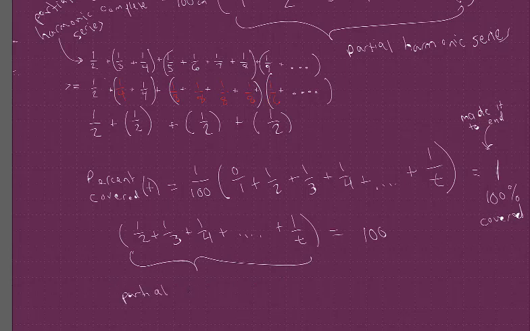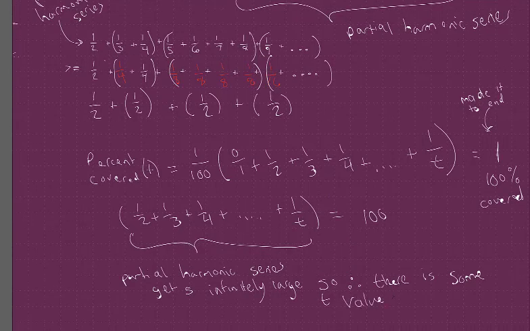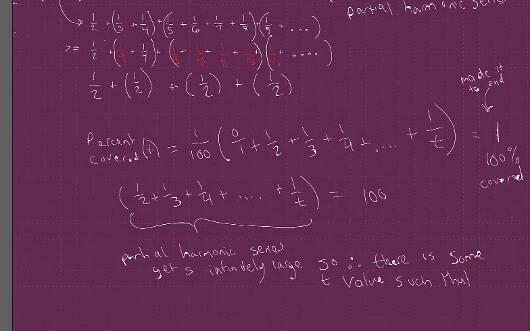The partial harmonic series gets infinitely large, so therefore there is some t value, some amount of seconds, some value of t such that the sum gets to 100.